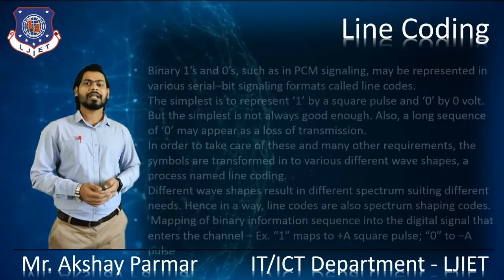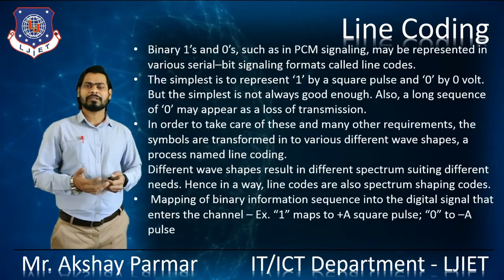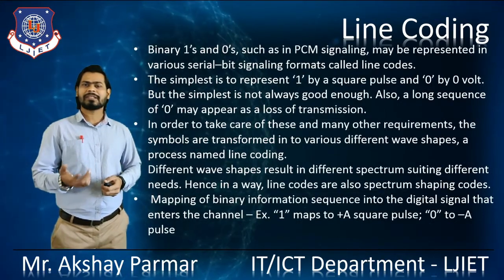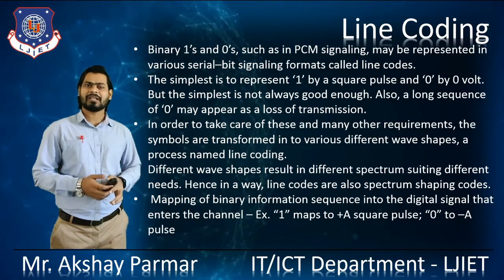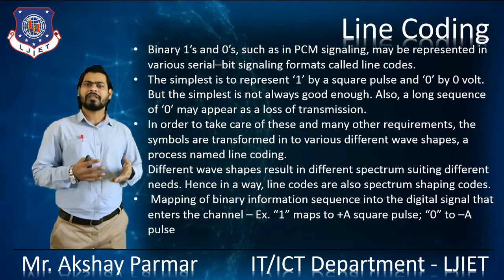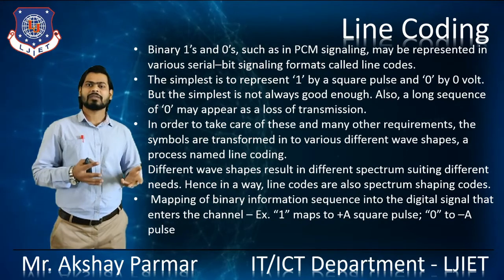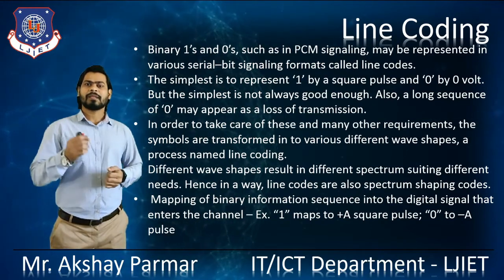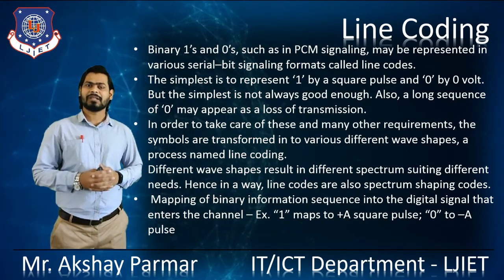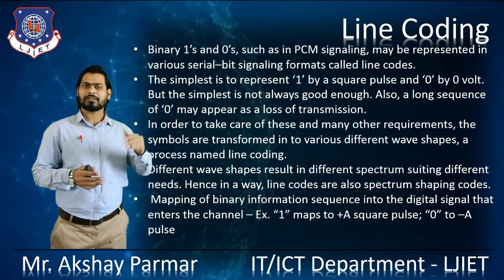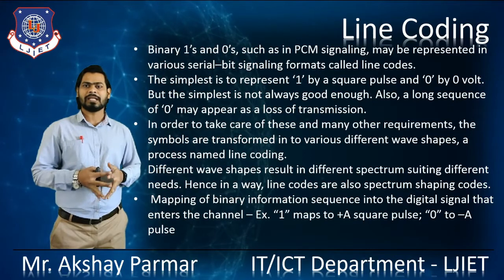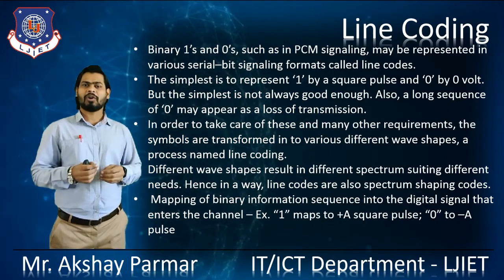So what do you mean by line coding techniques? Binary ones and zeros, such as in PCM signaling, may be represented in various serial bit signaling formats, which are called line codes. The simplest way to represent the bits is 1 by a square pulse and 0 by zero voltage. But the simplest one is not always good enough.